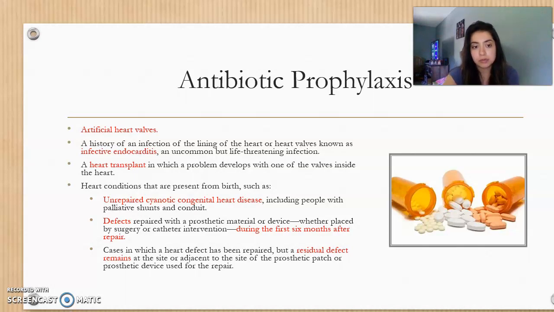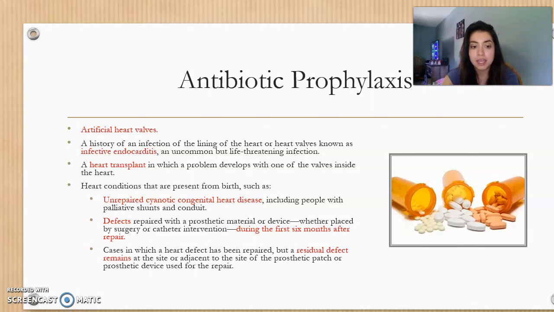Also, if they had a defect repaired with a prosthetic material or device, during the first 6 months after repair, it's required to take it to prevent any infection from occurring.